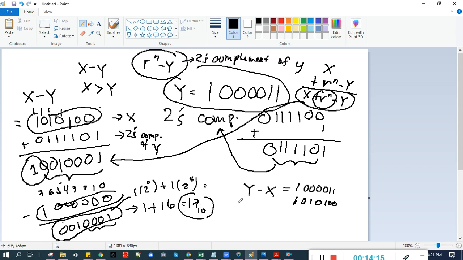That is for x minus y, where x is greater than y.